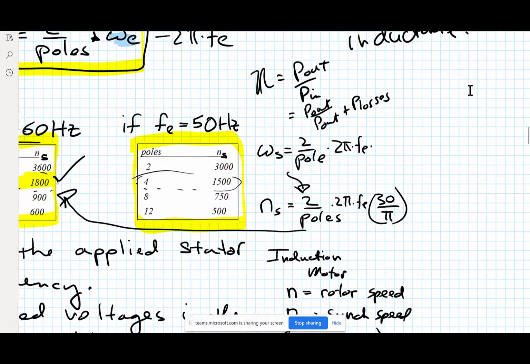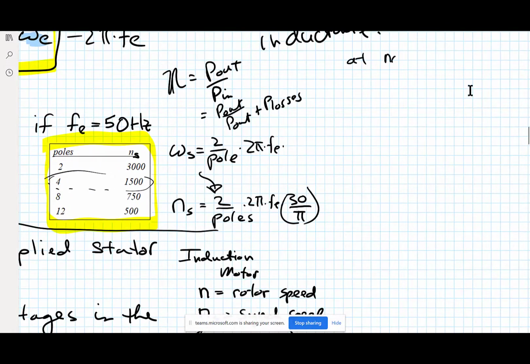So at no load, you will have a speed that won't be exactly the synchronous speed. It'll be, I was going to derive this, but I'm going to show you, 1 minus s times the synchronous speed. And this s is a very small number, but it is nevertheless not 0, okay?